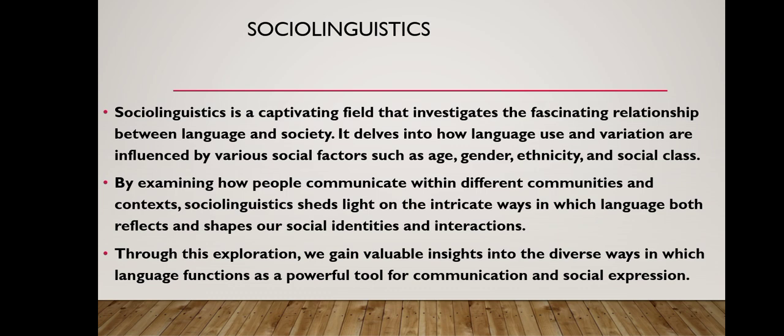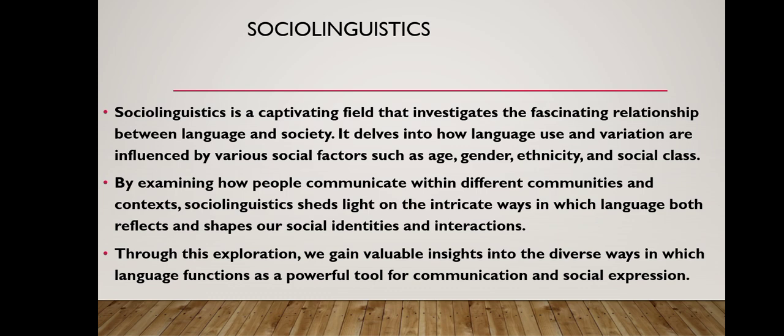To make it clear to you all, sociolinguistics basically focuses on how language is affected by society and by communities. For example, if a person named James lives in the northern areas and John lives in the southern areas, the languages of both of them will be impacted by the society where they're living, right?